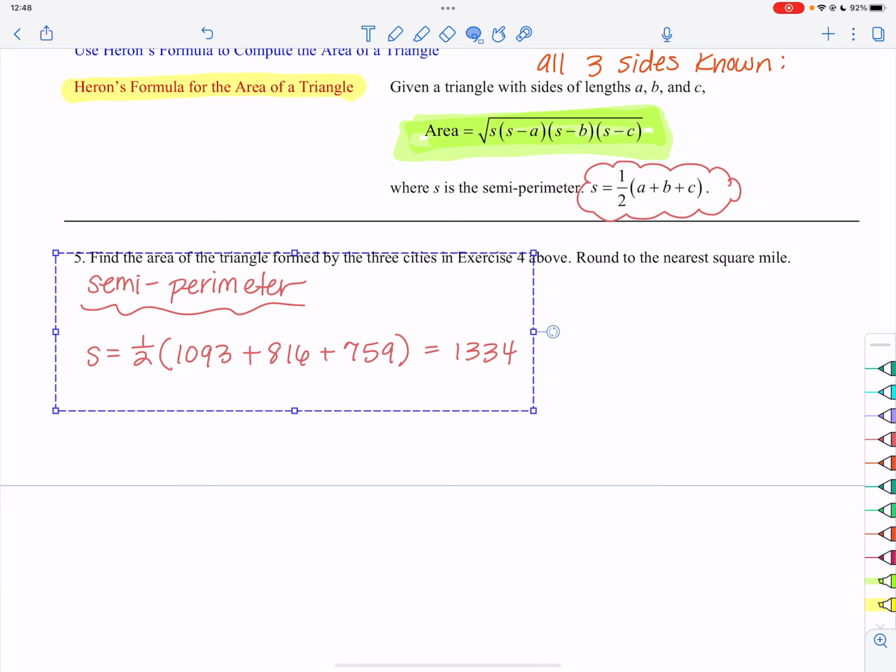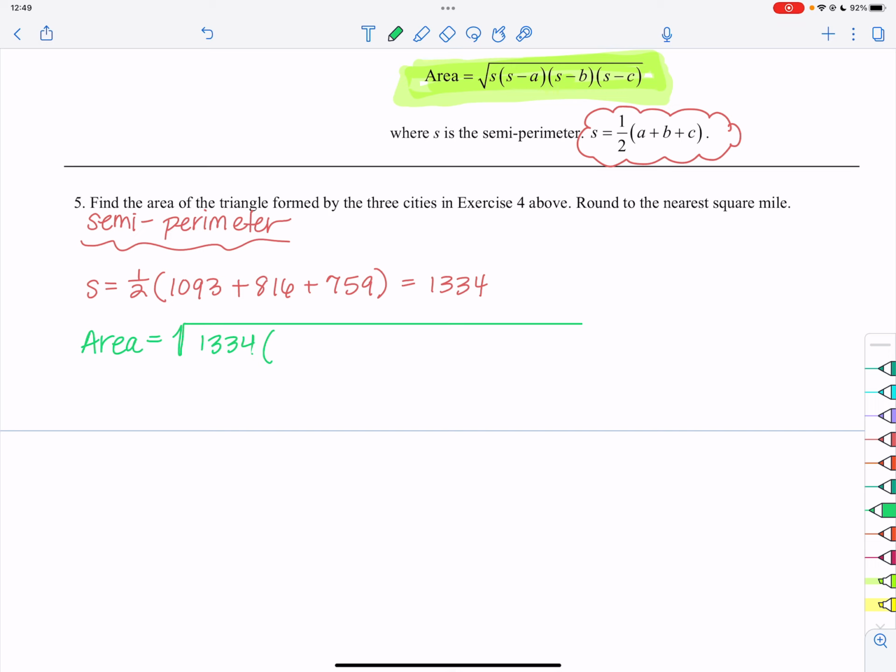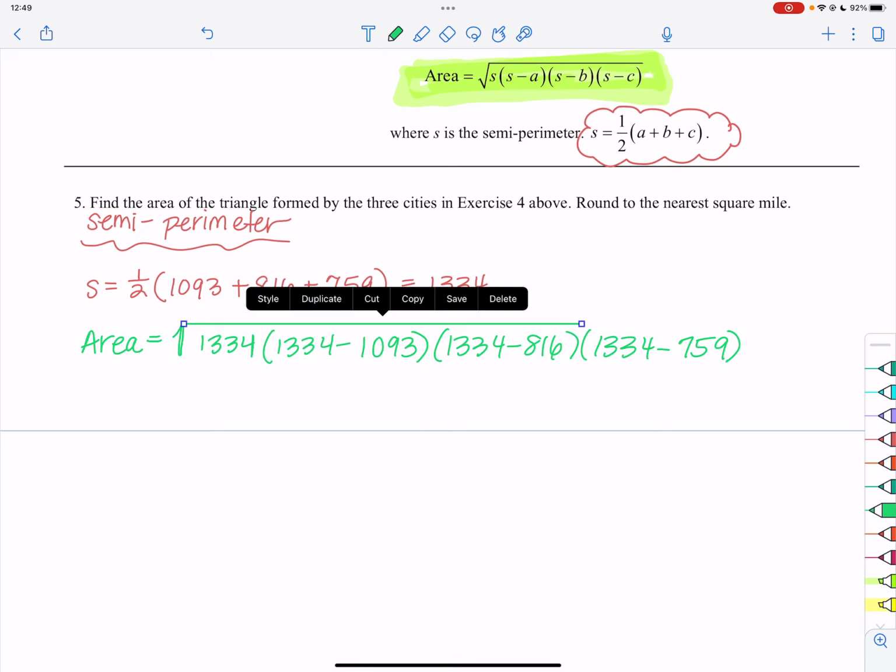So now what we will do is find the area. The area is equal to the square root, and remember we need to use that semi-perimeter first. So that's 1334. Now we're going to subtract each side from 1334. So we'll have 1334 minus 1093, 1334 minus 816, and 1334 minus 759.